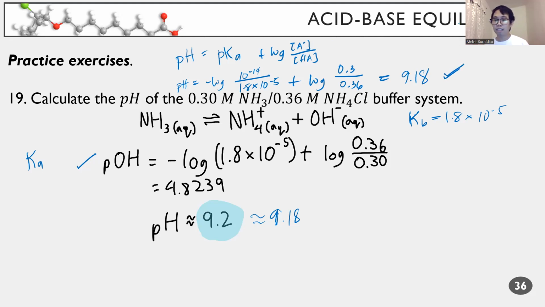Clear? Okay. Pareho lang siya. Kapag pOH, actually tanda mo lang, kapag pH form ng Henderson, pKa tapos base over acid. Kapag pOH form, pKb plus log of acid over base. Okay?